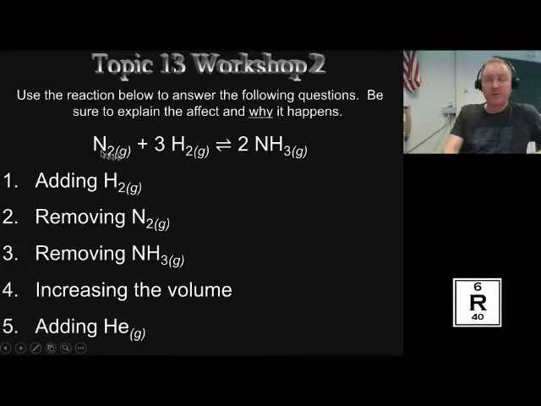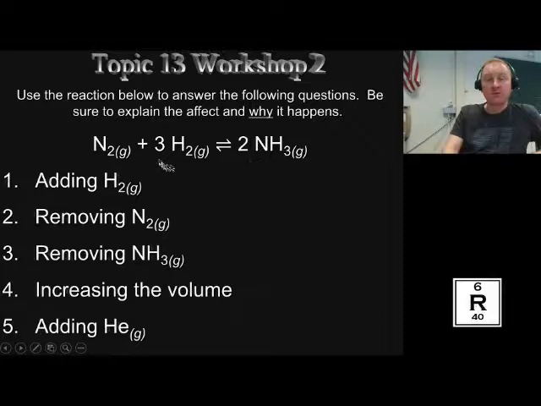How about if we remove nitrogen? If we remove nitrogen, then what will happen to compensate for that is the ammonia will break apart into more hydrogen and nitrogen to compensate for the removal of the nitrogen. So if we remove reactant, the product will be used up to replace the reactant.